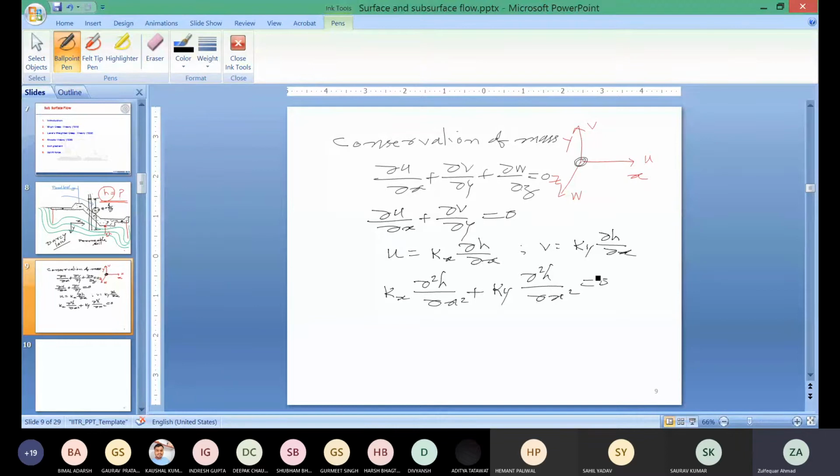So if that is the same, in that case, what type of soil will it be? If the hydraulic conductivity is the same in all directions, then what would be the type of the soil?